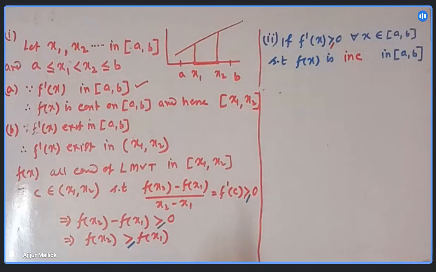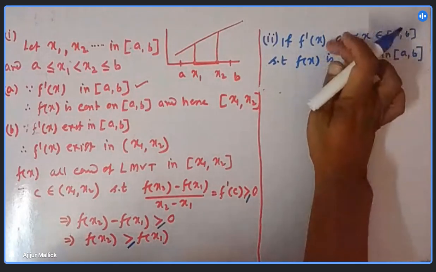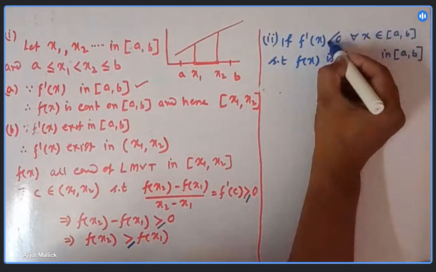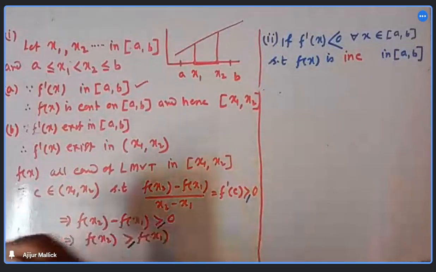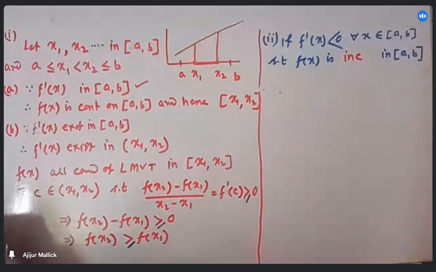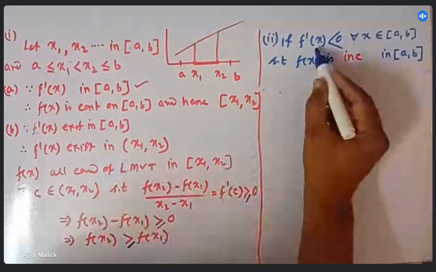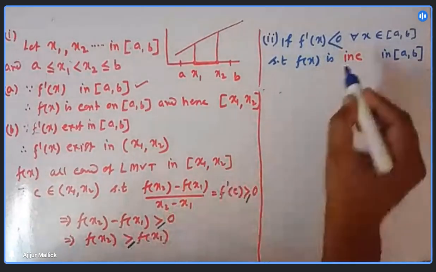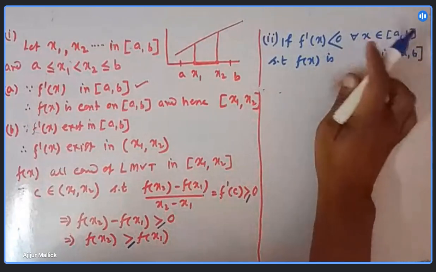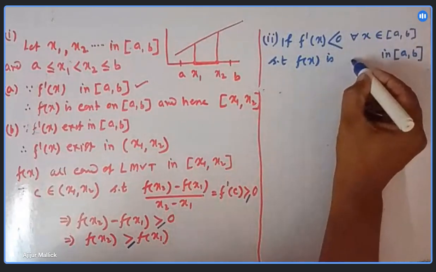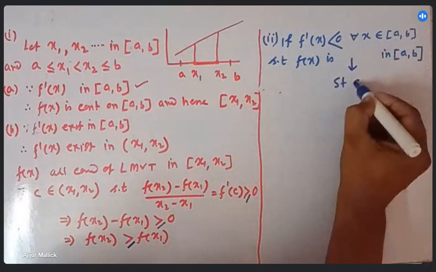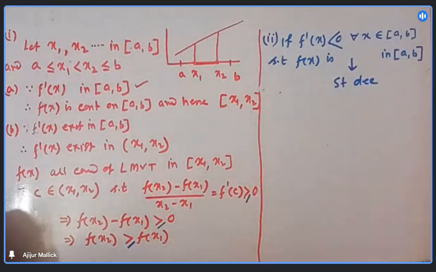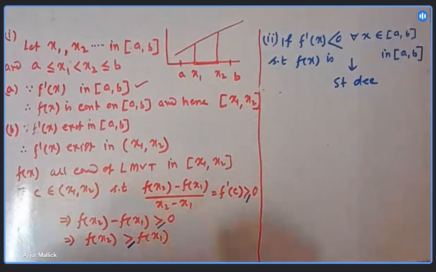Third homework. Tell me, if f dash x is less than 0, then what will you get? Strictly decreasing. f(x1) is greater than f(x2) you will get here. The question is: f dash x less than 0 means f(x) is strictly decreasing, and you will proceed in the same way.